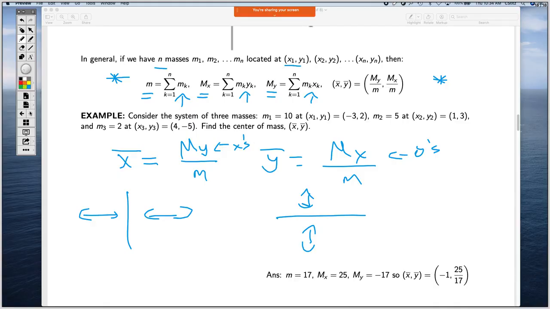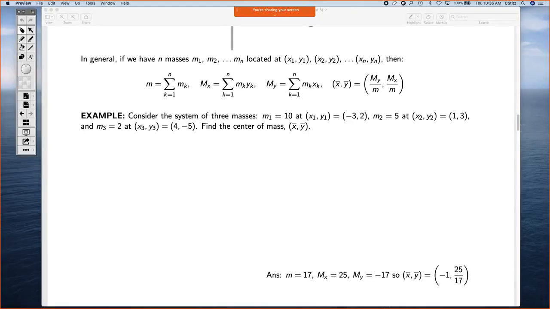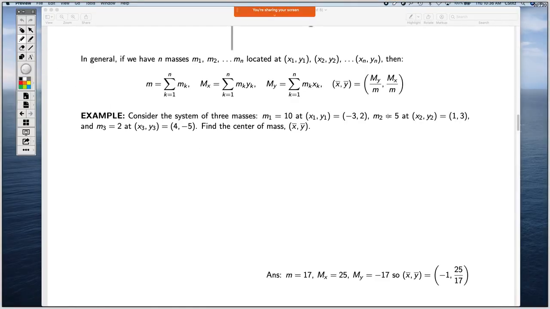So once again, a quick example to make sure we see how all this works. You've got the same masses as we had before. We've got masses of 10, 5, and 2, so the total mass there is 17. If we want the moment about the x-axis, we take each of the masses times the displacement to the x-axis, which is the y value.